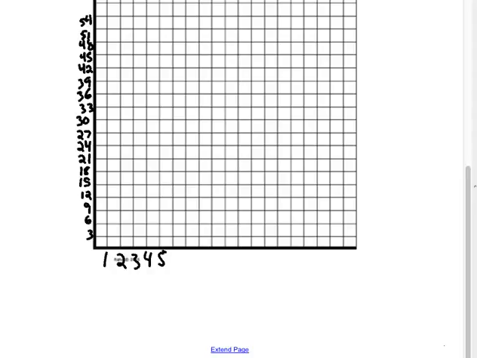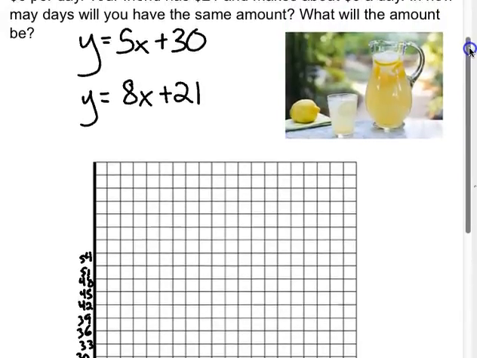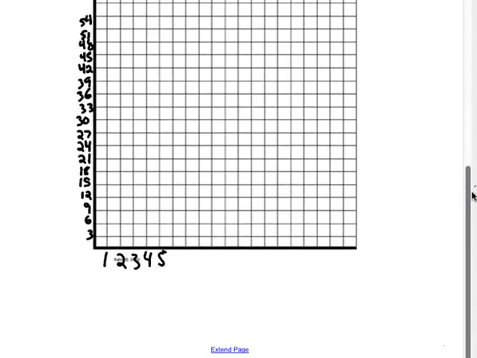So, for the first one, we have a y-intercept up at 30, and we need to count by fives. All right, so up 5, so that'll put me at 35 over 1.